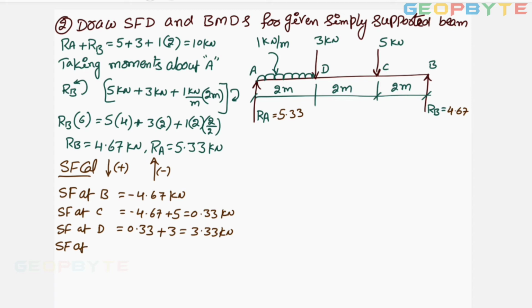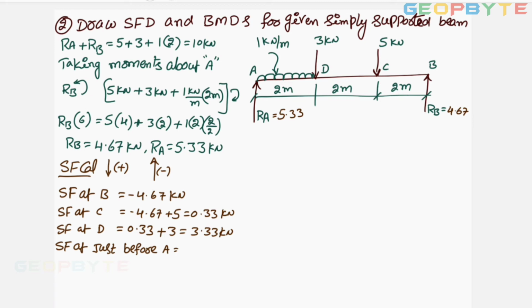SF at A: one reaction is there, that is looking like a point load, and one UDL is there. For that case, you have to find the SF at just before A. I hope you understood.